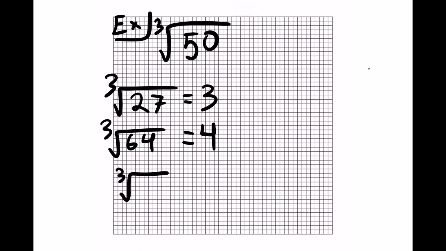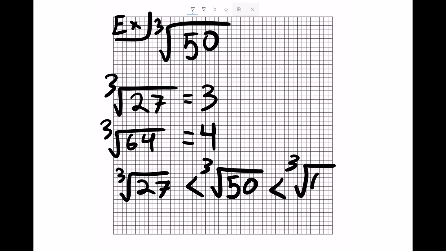Cube root of 27 less than cube root of 50 less than cube root of 64. And in the same way, we're able to estimate that the cube root of 50 is somewhere between 3 and 4.